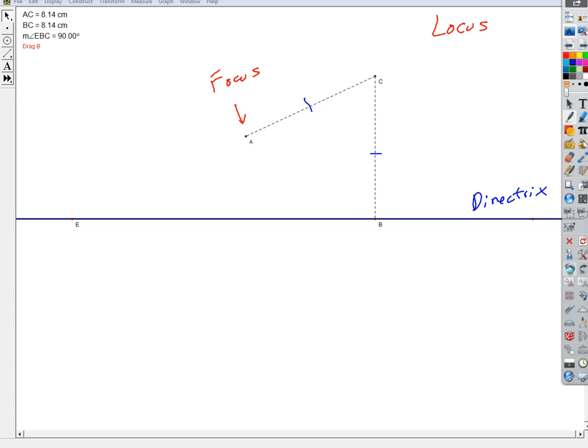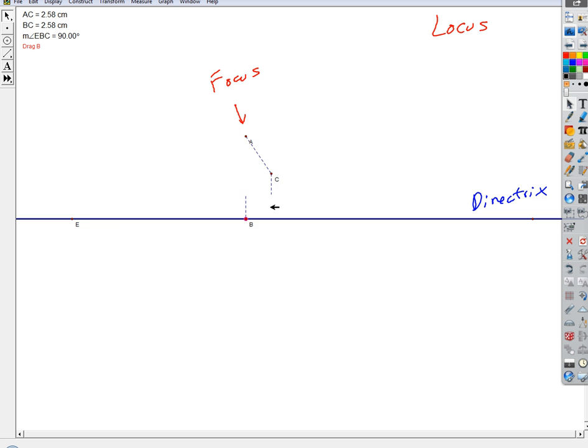So watch what happens here then if I drag this point. Notice you can see up there at the upper left that the lengths of AC and BC stay the same the whole time, right? And you can see that the measure of angle EBC is always right, okay? So in order for that to happen, you can kind of get an idea what that shape is going to have to be.